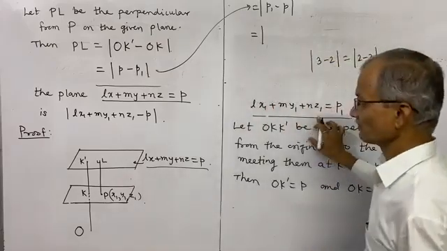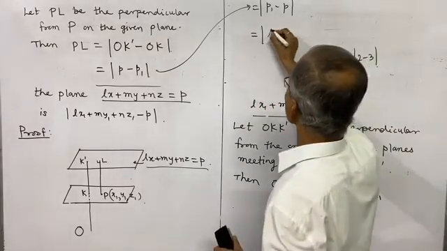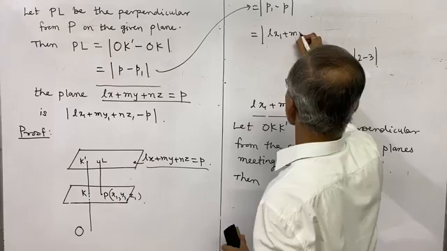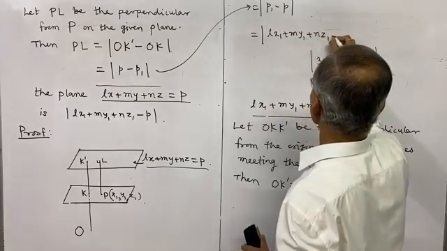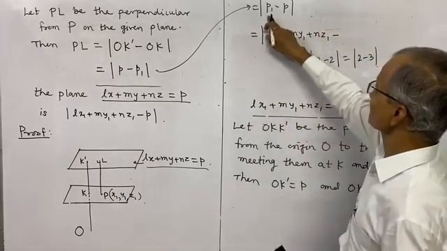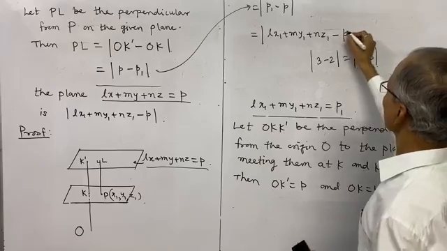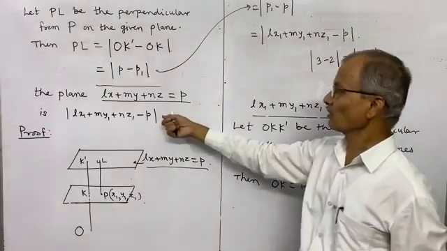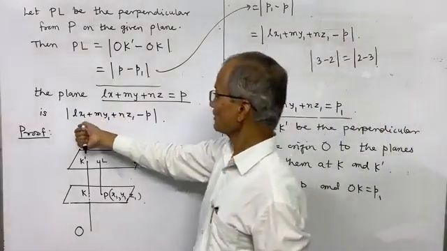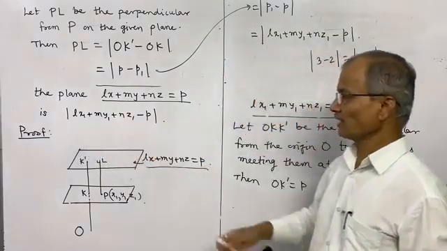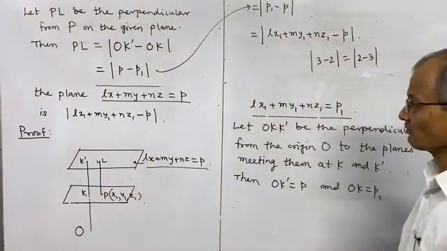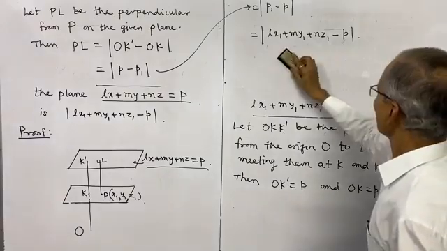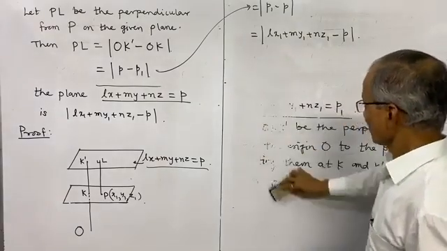P1 is this value, you see, Lx1 plus My1 plus Nz1 minus P. So this is what we wanted to prove. The distance is absolute value of Lx1 plus My1 plus Nz1 minus P, and this proves the result.